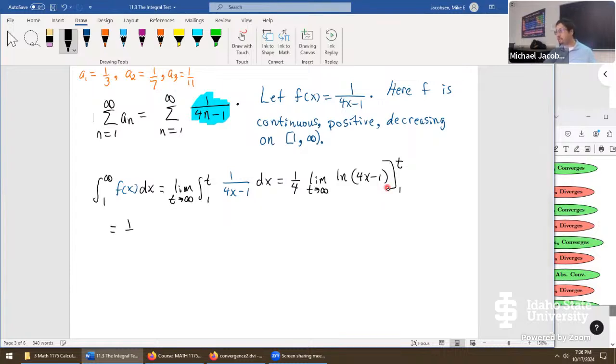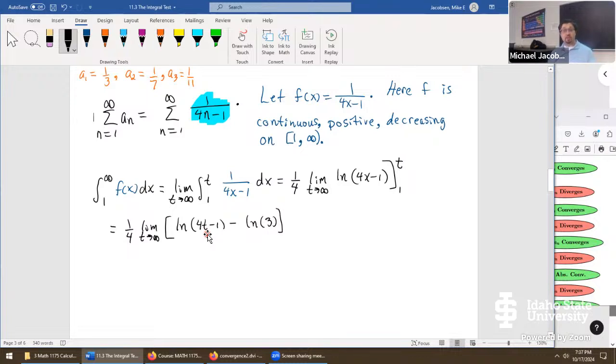We've got 1/4 times the limit as t goes off to infinity of natural log of 4t minus 1, minus the natural logarithm, where we plug in just a 1 to get 3. When we go to take this limit, any volunteers to say what would happen to the logarithm function?